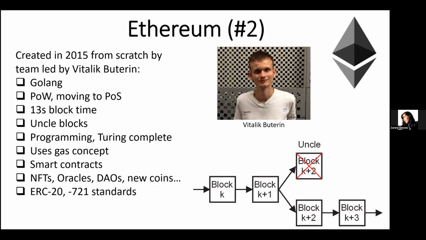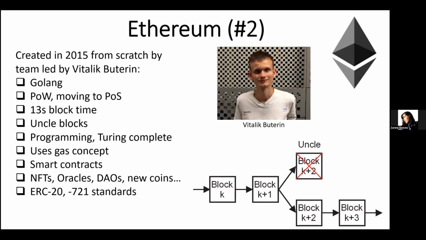And these smart contracts that can run on it enable things like NFTs, non-fungible tokens, that's ownership of digital objects, oracles, DAOs, which is decentralized autonomous organizations, methods for governance, which may be one of the biggest things that's eventually going to come out of this, new coins, and so forth. Each one of these could be a whole talk.